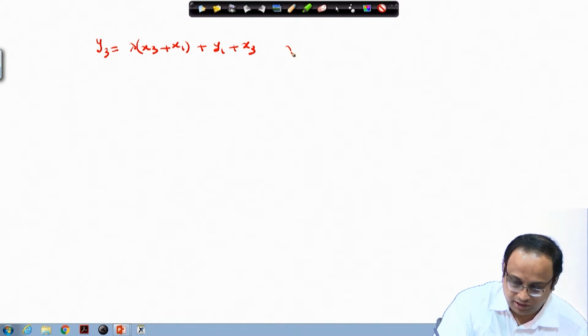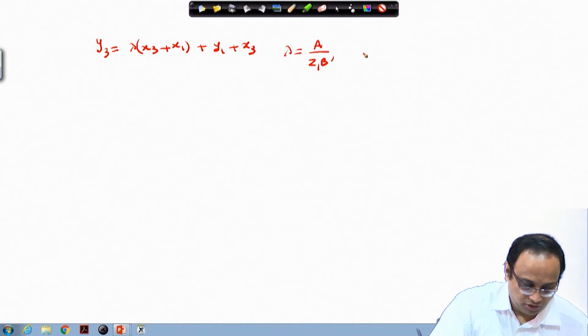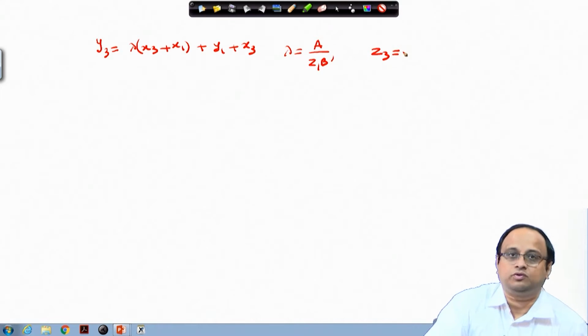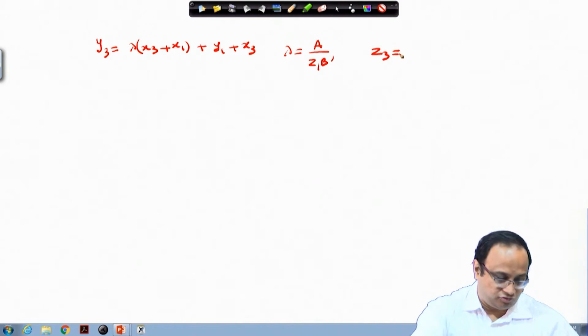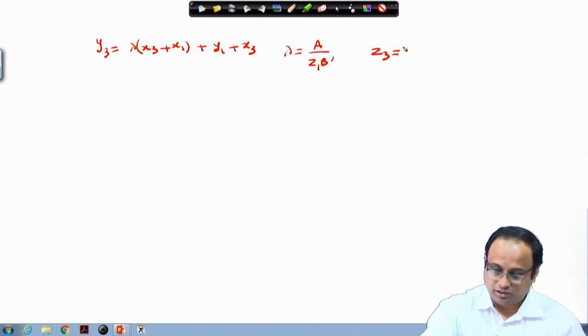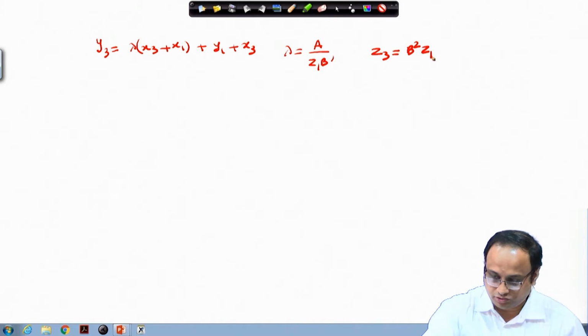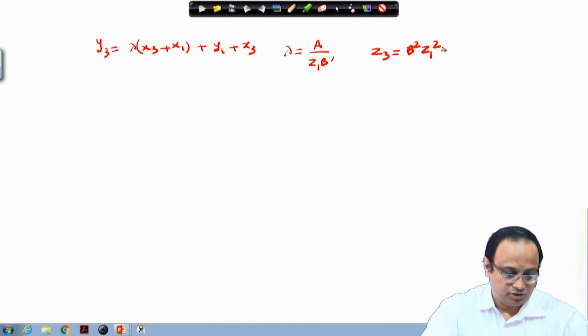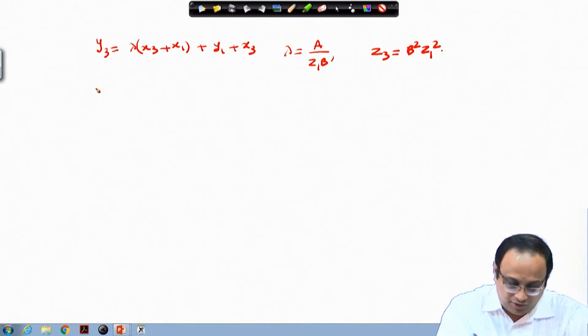Okay. And we derived that lambda, which we wrote in a compact format, was a by Z1 b. Okay. And also we had seen that when we derived the equation for x, we had Z3 equal to b square Z1 square. Okay. So, therefore, now we can write y3 in a similar way.